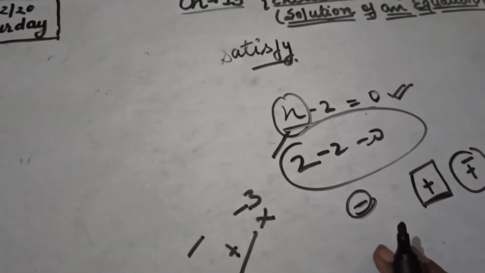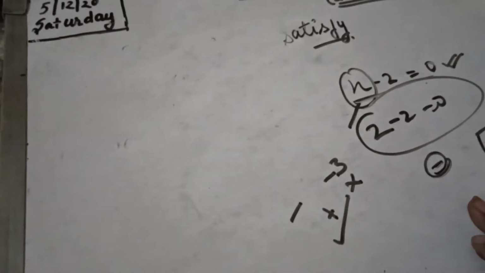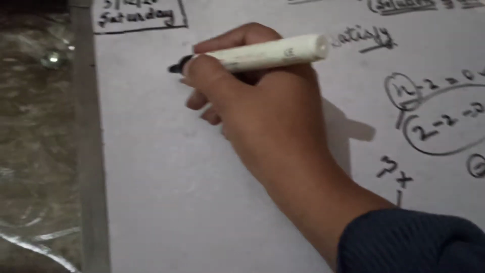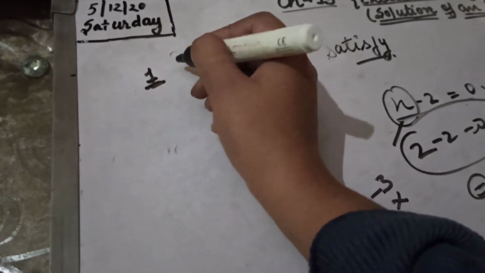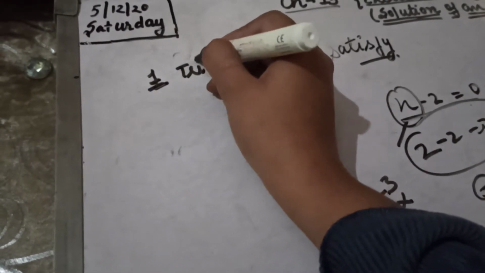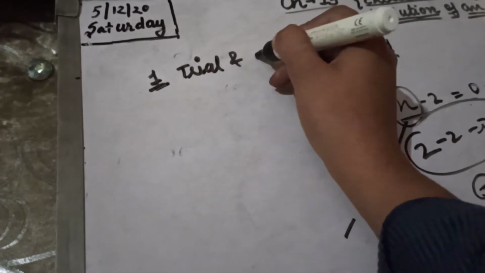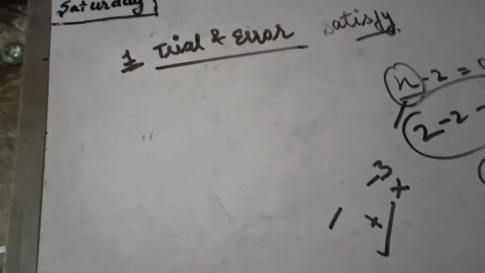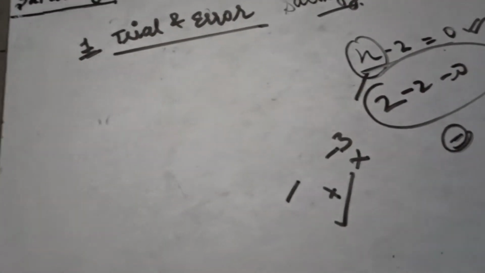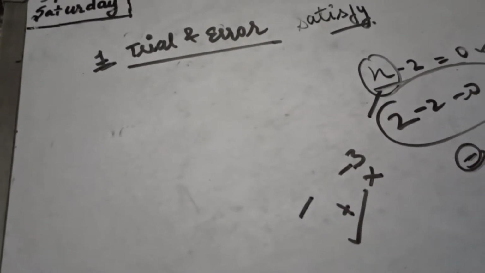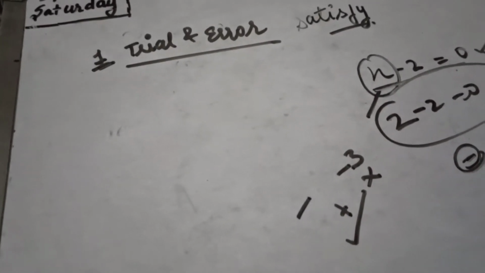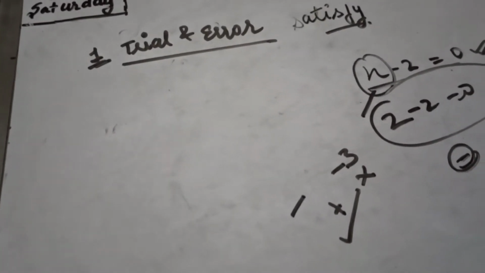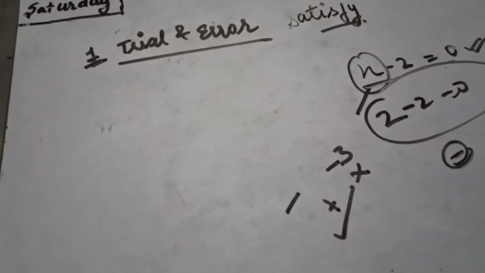Now, there are 3 methods in your book that are discussed for finding the solution. The first one is trial and error. This trial and error method means you will put in values, and if it is wrong, then again put in other values. Here there is no specific value that you have to put.